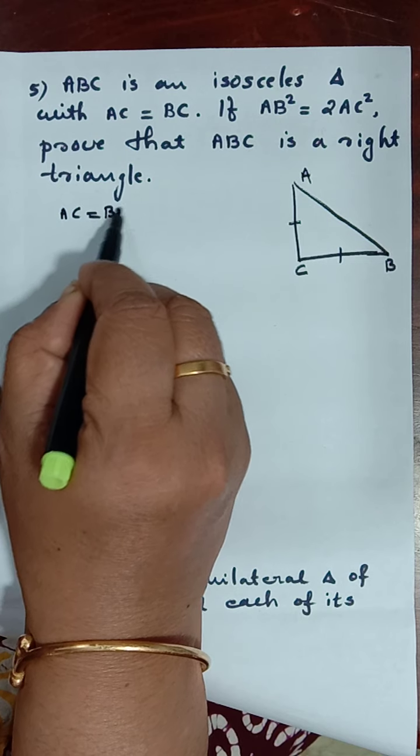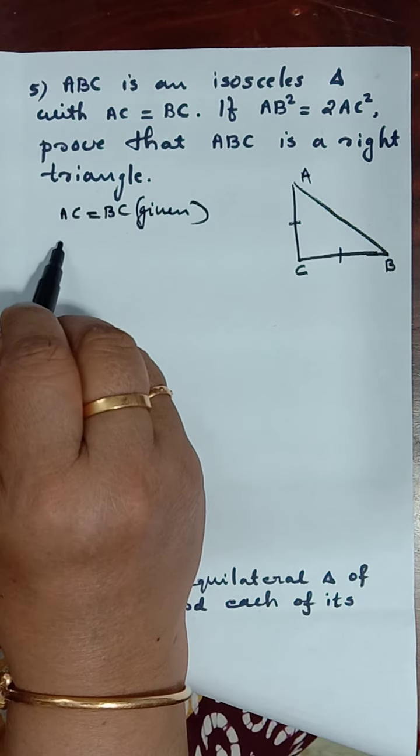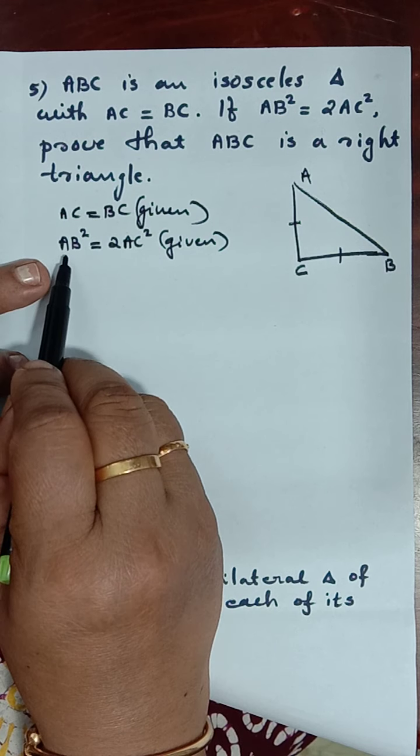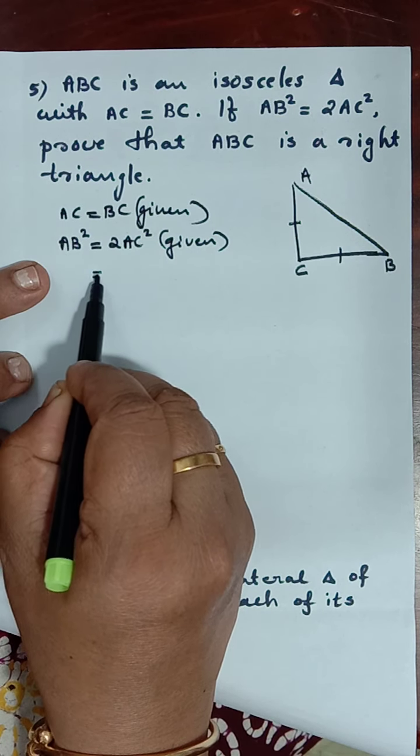Let us write this step. AC equal to BC. It is given to us, and also what is given? AB square is equal to 2AC square. That is also given to us. So from the clue we have AB square is equal to 2AC square. So what is the 2AC square?